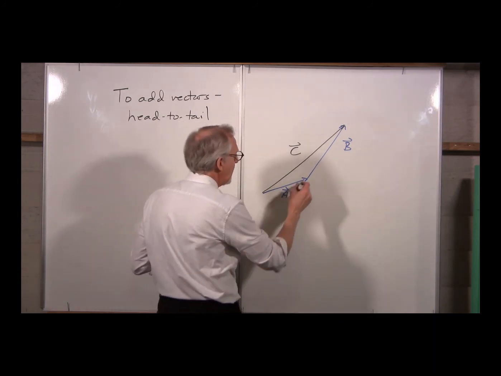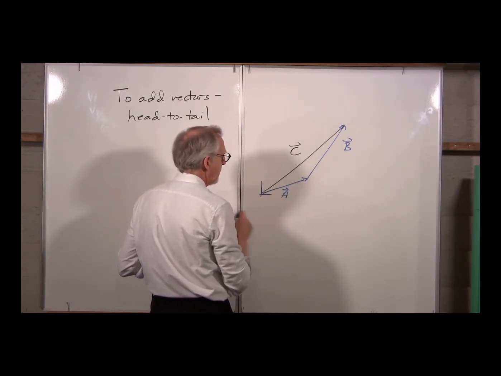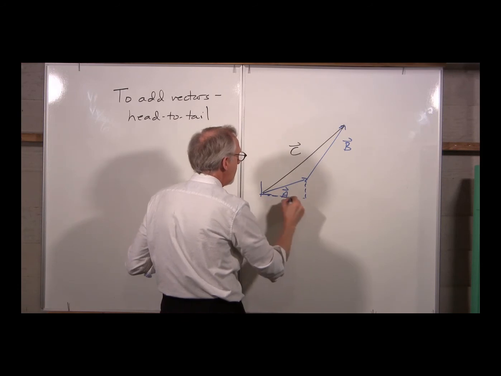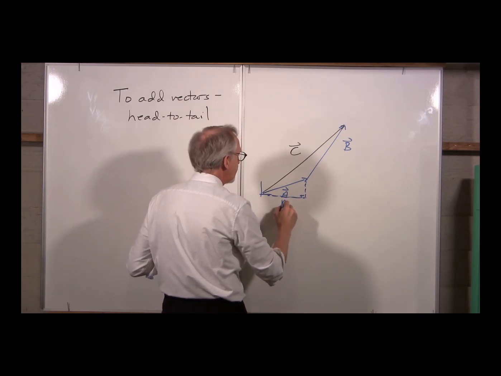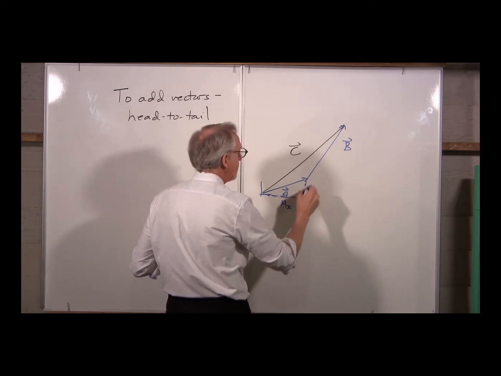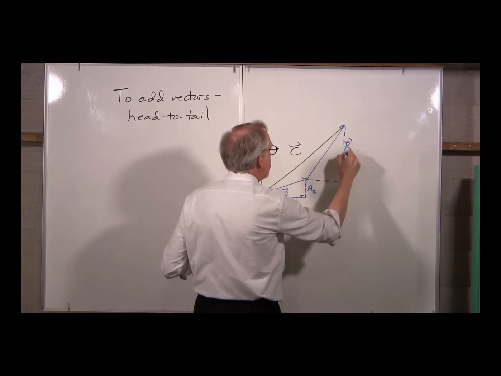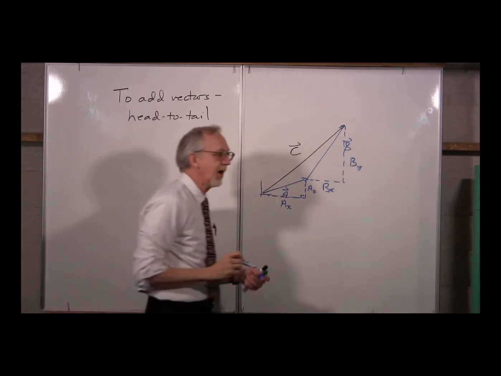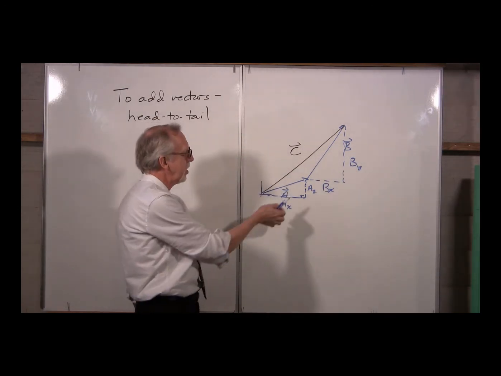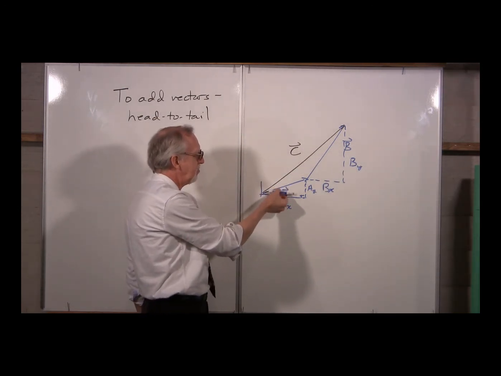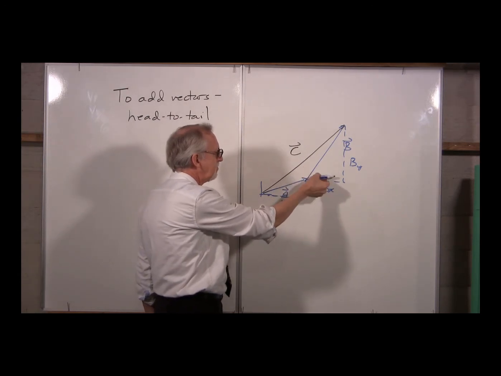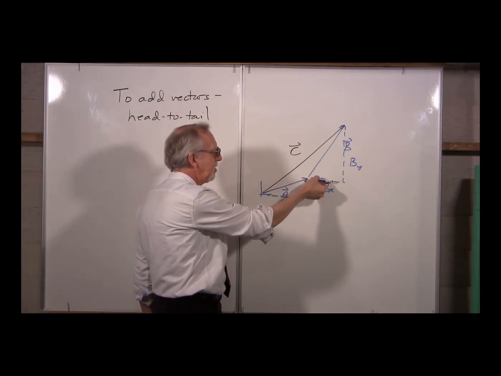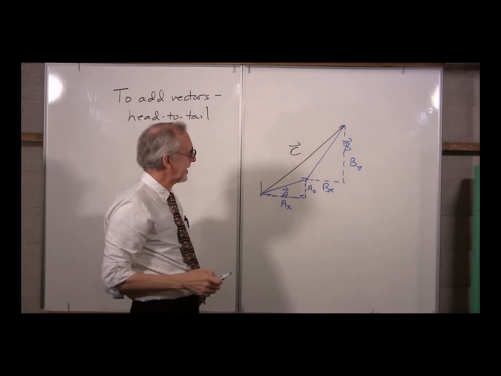We take A and break it down. Let's say x and y are like this. We break A down into its x component and its y component. We break B down into its x component and its y component. Now, to do that, you would have to know the magnitude and direction of both A and B. So you'd need to know the direction of B relative to, say, the x-axis.